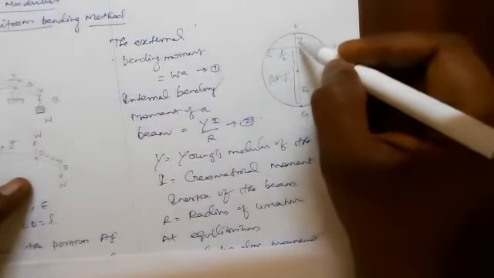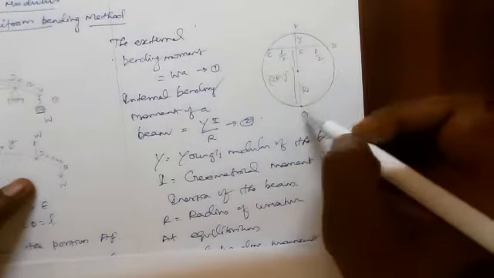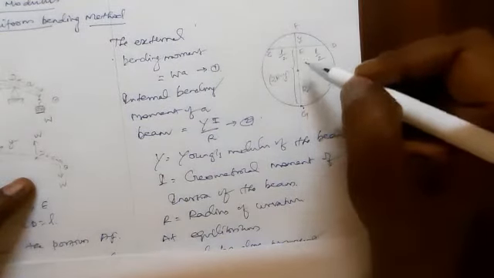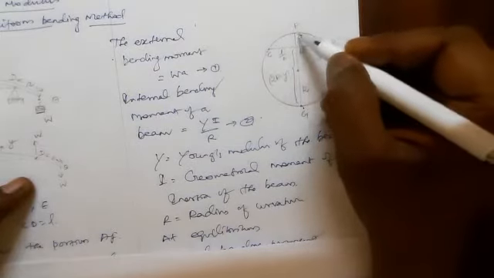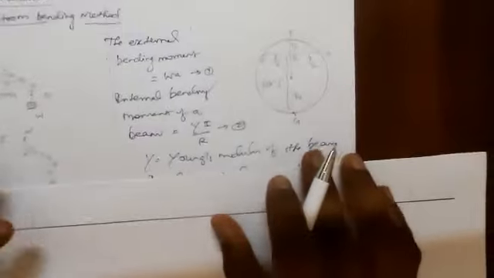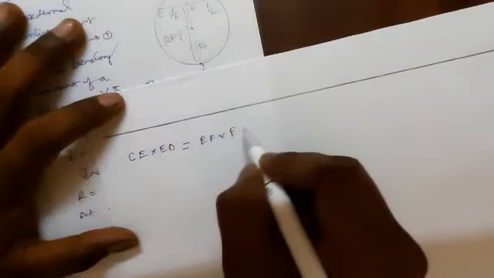EF is the elevation Y. What is the distance EG? The whole length FG is the diameter of the circle, therefore 2R. 2R minus the elevation value Y gives the distance EG. Therefore, using the intersecting chord theorem, we can write CE into ED equal to EF into EG.